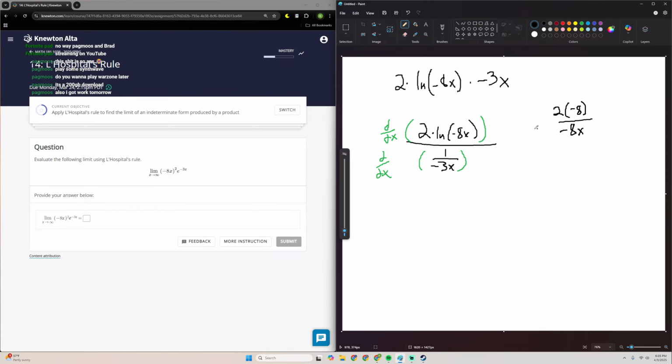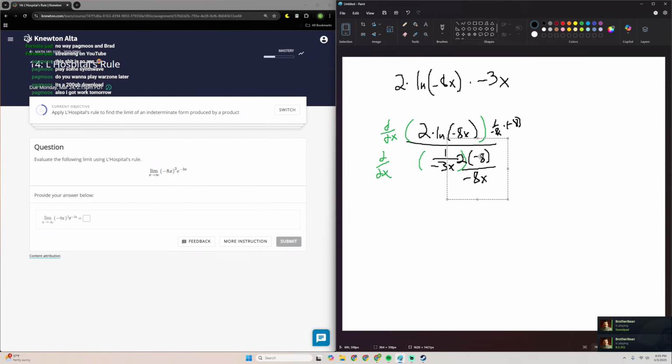This is because ln of that is just 1 over negative 8x times negative 8. Negative 8 goes on top. Do this right here, I guess.